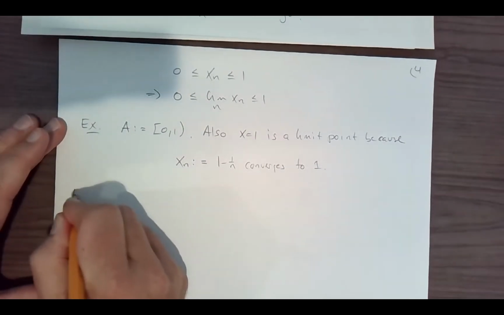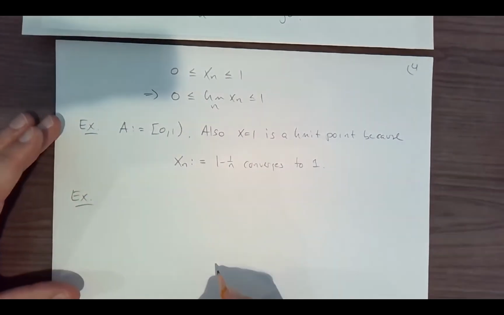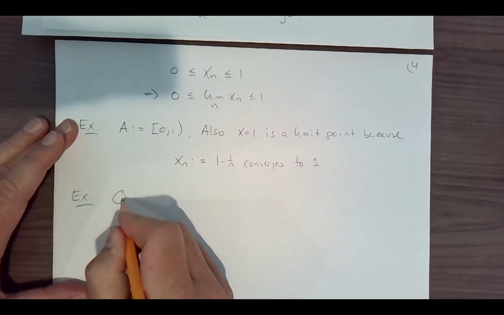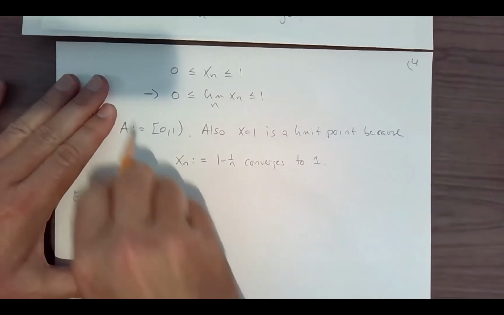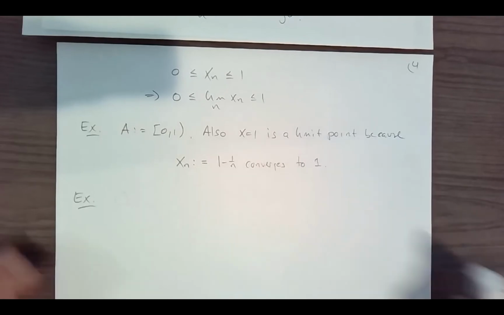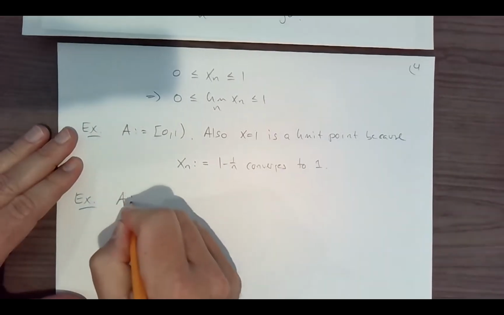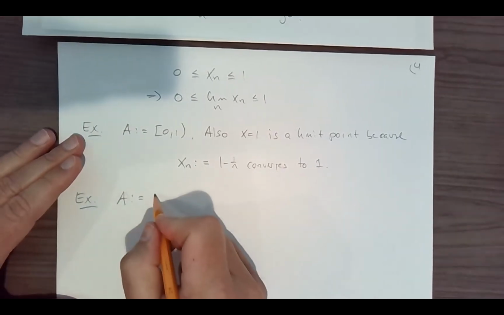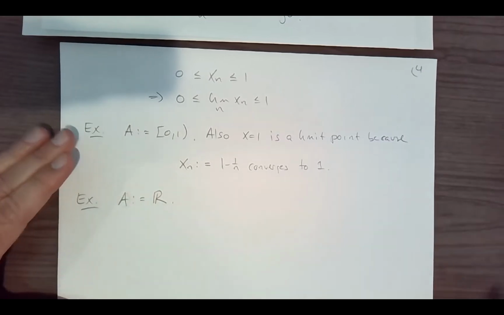Very good. Then we can do a little bit more complicated example, perhaps. So if I take A to be the rationals, not the reals.